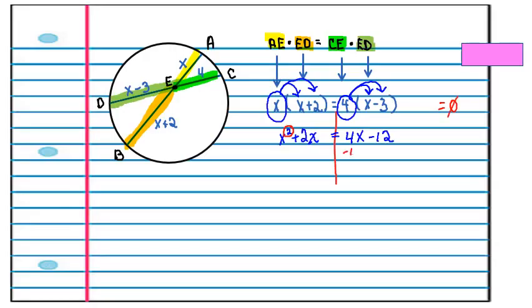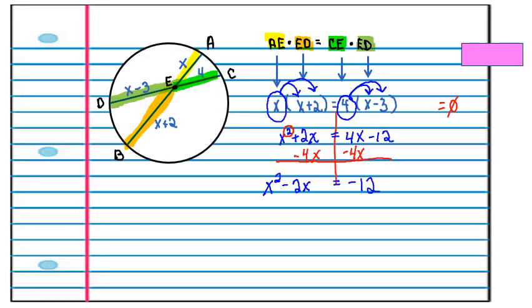So we're going to go minus the 4x and minus the 4x. And that's going to give us x squared minus 2x equals the negative 12.